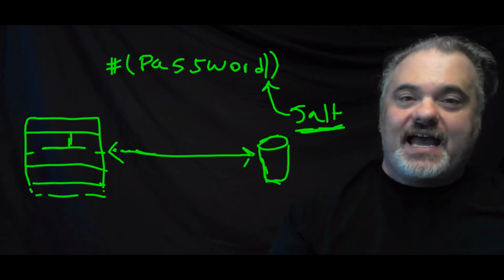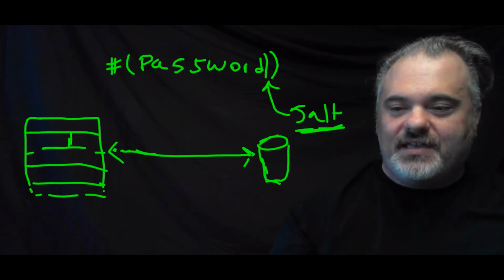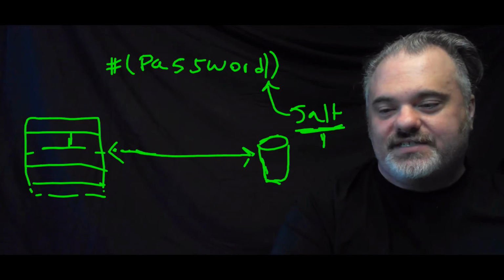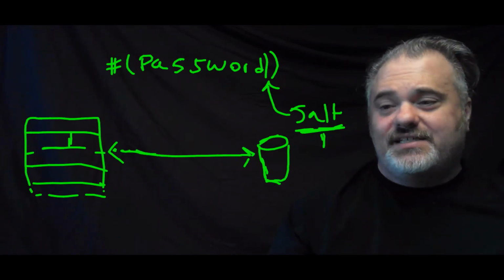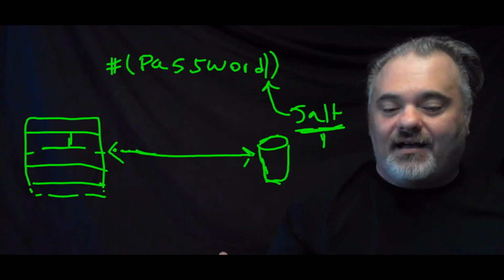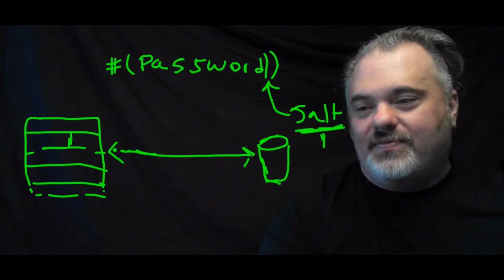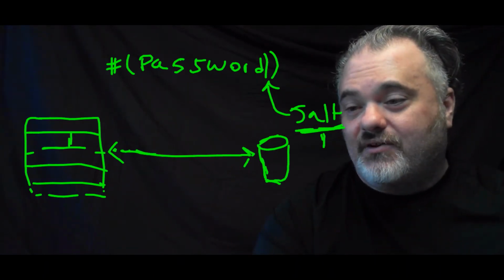But they can only attack one user at a time because the salt value for each user is different. And what those two things do is they just create time so that the website developers can go and make improvements to their security, and the users can go in and change their passwords.